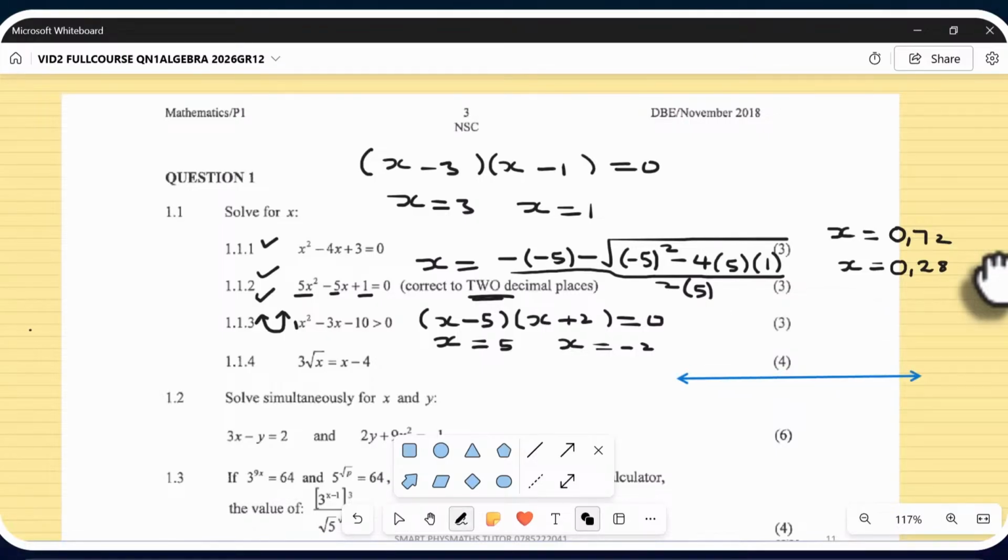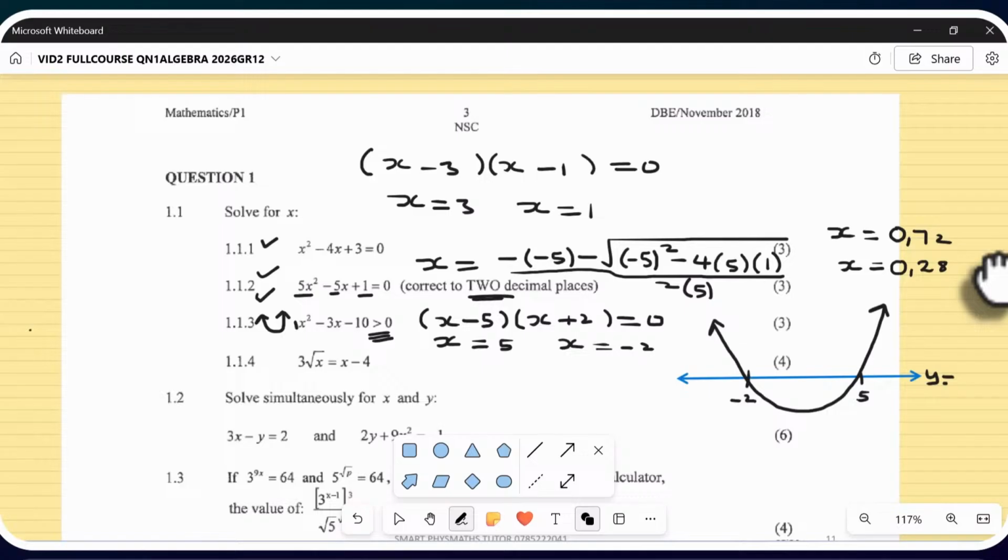Now the lower critical value is negative 2. The bigger one is 5, ne? Okay. So here, the question says greater than 0, ne? So it means if this is y equals 0, like we said, now greater than 0 is going to be this portion of the parabola here, because we said up here y is bigger than 0.